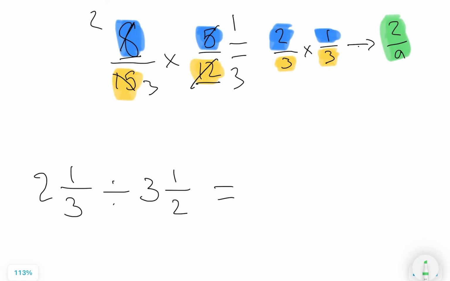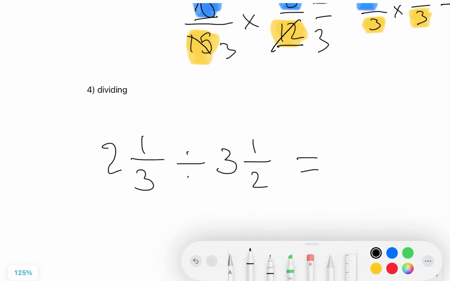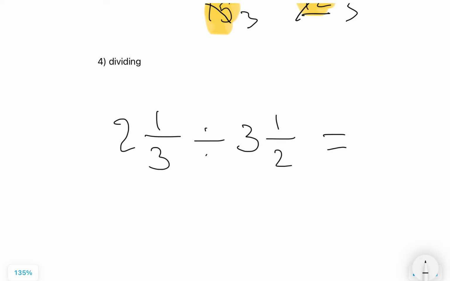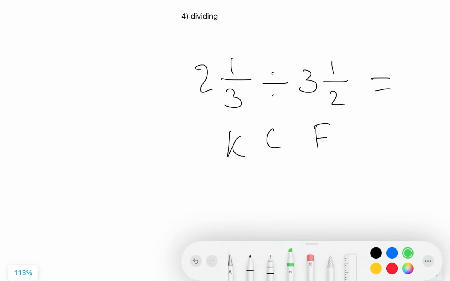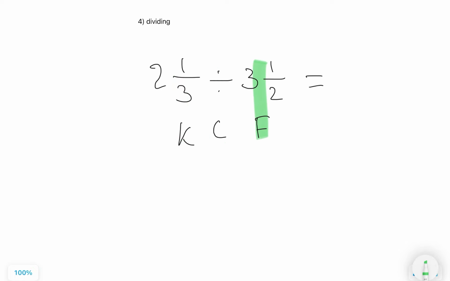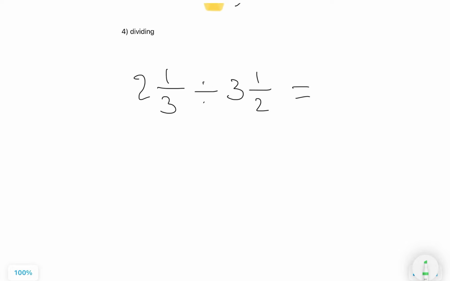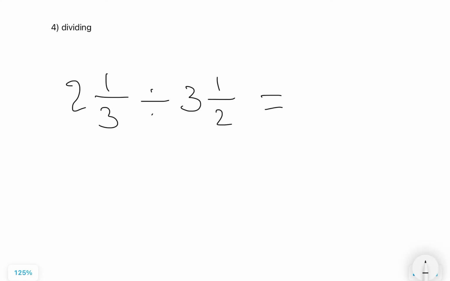Finally, let's talk about dividing fractions. I like to use this really cool trick, which is called KCF, and they all correspond to one thing in the equation. But before we use that, we have to first turn these fractions into improper fractions. So remember our technique.